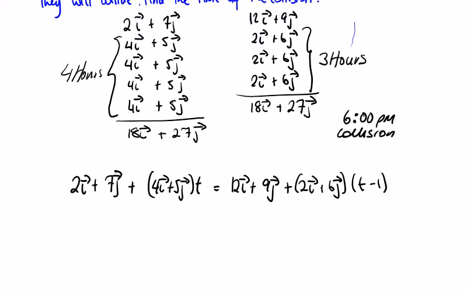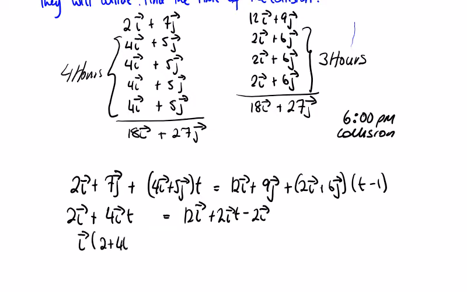So for them to collide, the i's will need to be equal. So we have 2i plus 4it on the left, and on the right we have 12i plus 2it minus 2i. So what do we have here? We have i times 2 plus 4t is equal to, it's going to give me a 10i.